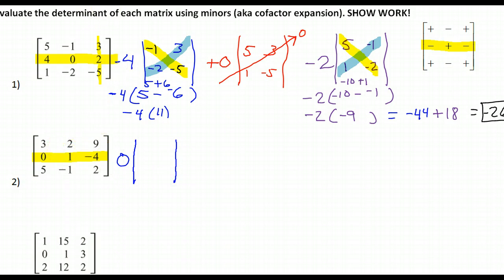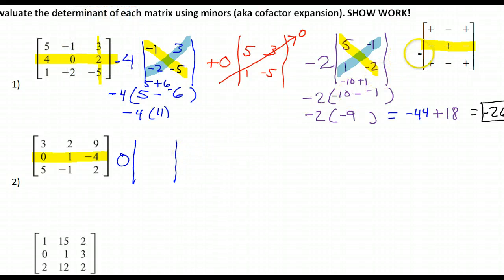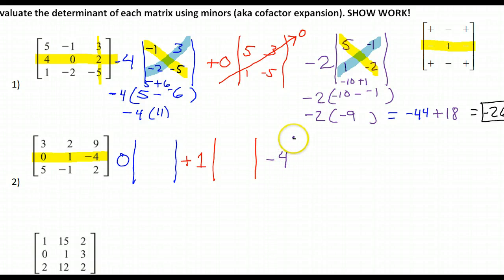And then I'm going to have the 1 as a multiplier, and then I'm going to have my matrix. And then I'm going to have my negative 4 as a multiplier, and then I'm going to have my matrix.